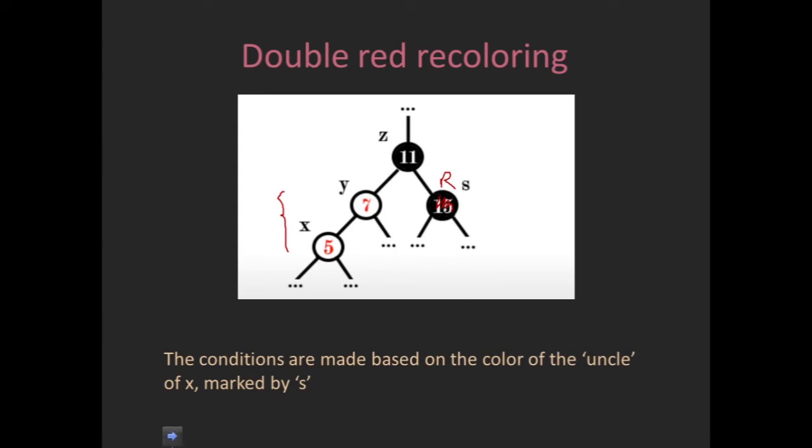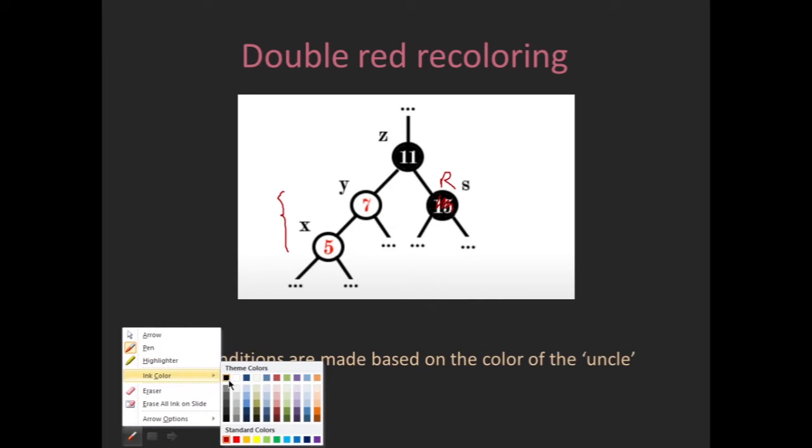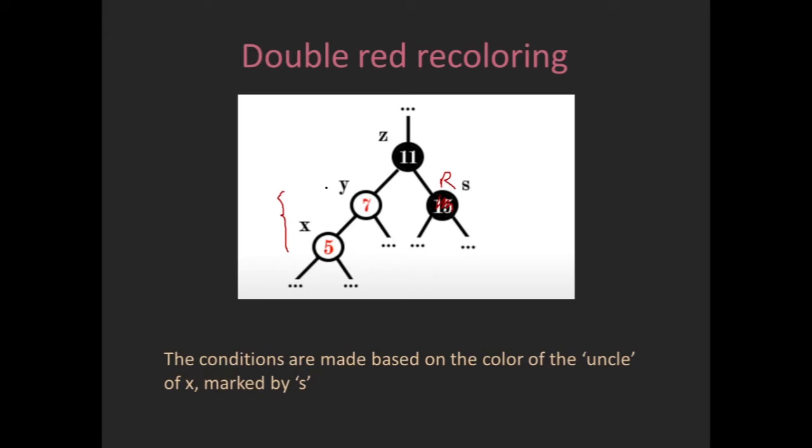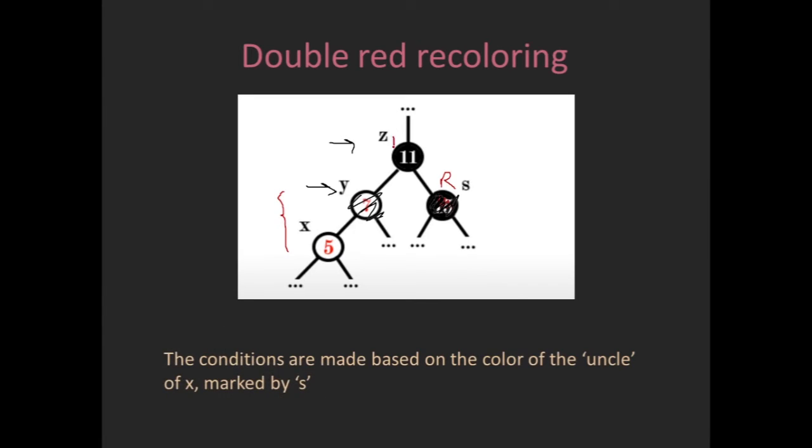For fixing this, the algorithm says that we have to recolor the two levels with respect to X. We have to recolor this level to be black. So this becomes black instead of red, and this level becomes red. So this becomes red.